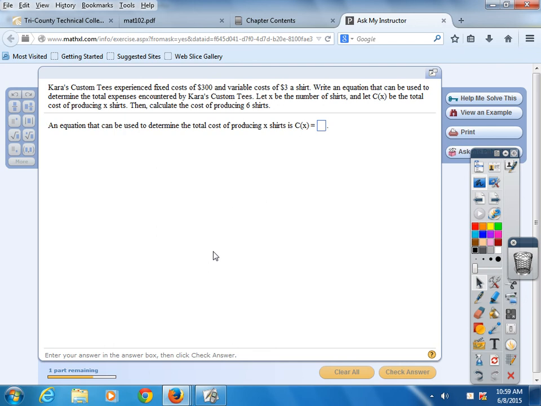First of all, a fixed cost means that whatever you order is going to cost $300, a minimum. And variable cost of $3 a shirt. In other words, your fixed cost is $300, and then it's going to cost $3 a shirt to print.